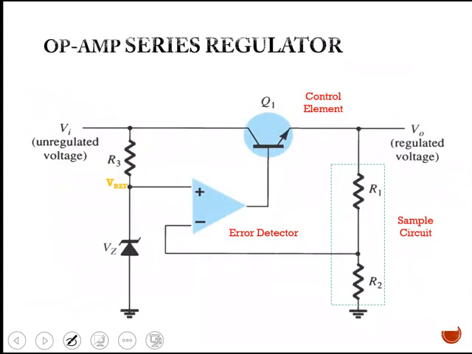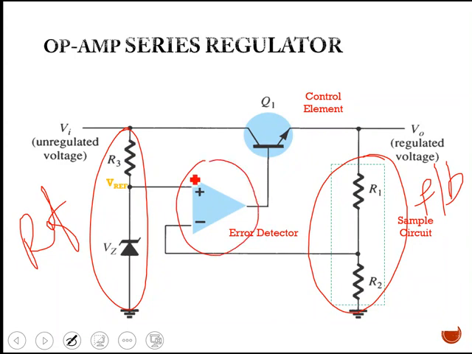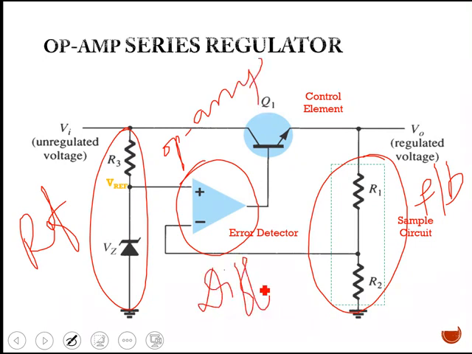The sampling circuit used here is R1 and R2. So this is a potential divider arrangement, and this is your reference. This is the feedback part. This has to be given to an error detector. The error detector over here is an op-amp which operates as a differential amplifier. It can provide a suitable gain also.